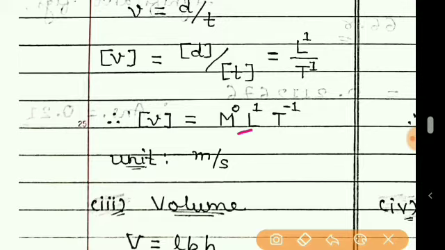Here there is a length in the dimension of velocity, so length is measured in meter, and here there is the inverse of time, and time is measured in second. So the inverse of time is taken, so per second. You can check in either way.